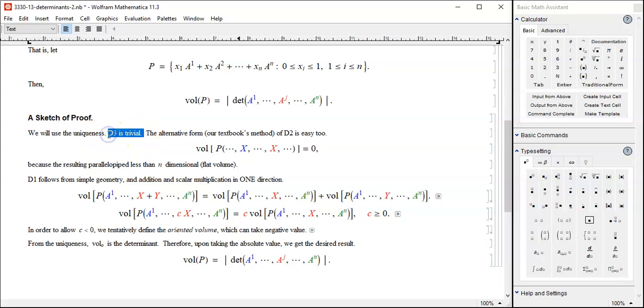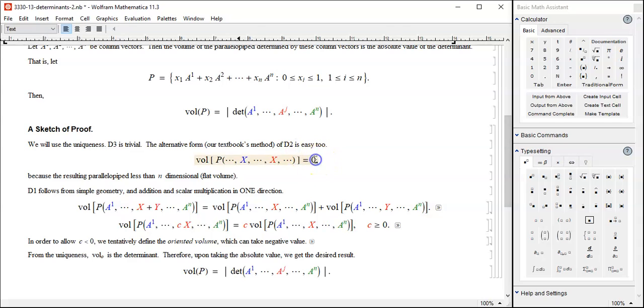Okay, here we go. D3 is trivial. If you put in the identity matrix here, then what do you have? The determinant of the identity matrix is 1, so the absolute value is also 1. As for the parallelepiped, it's just a cube, an n-dimensional cube. So that's trivial. And then let's look at the alternating property.